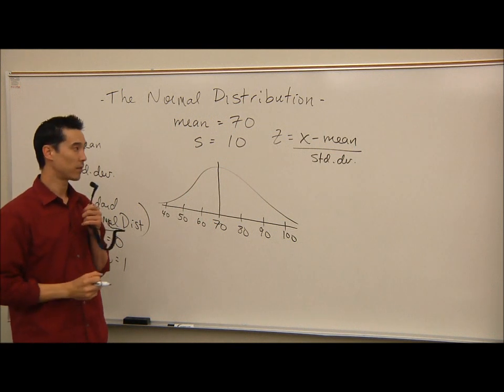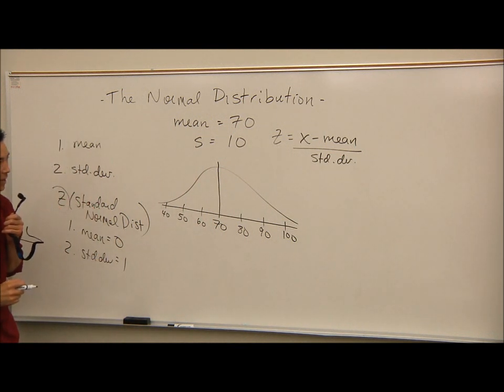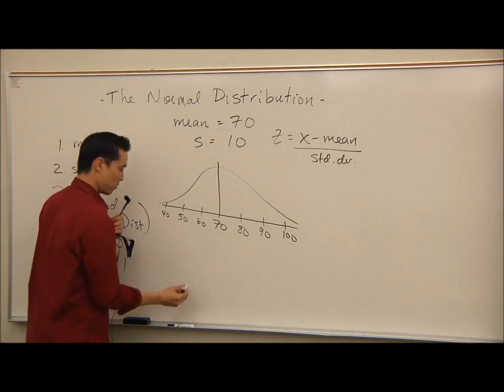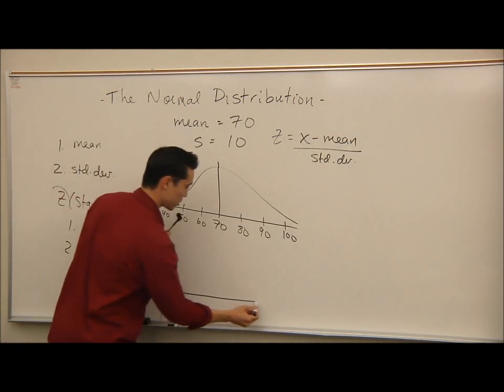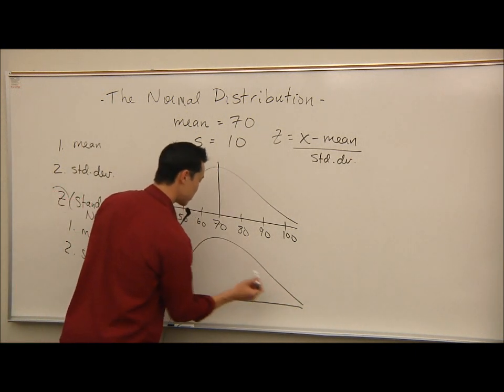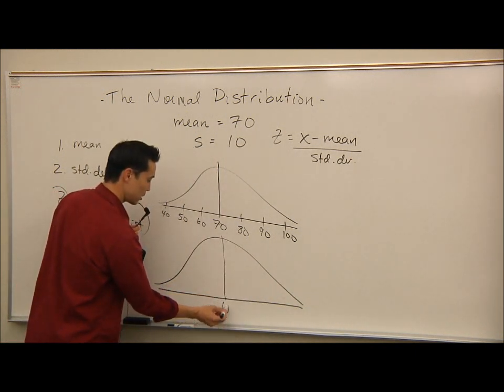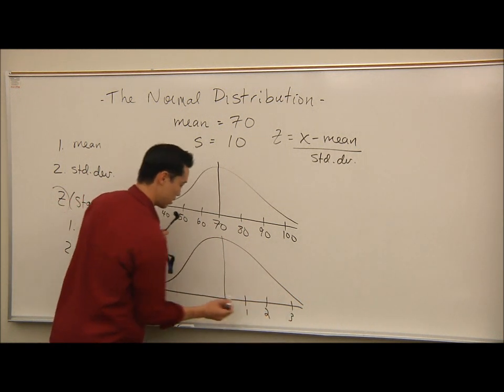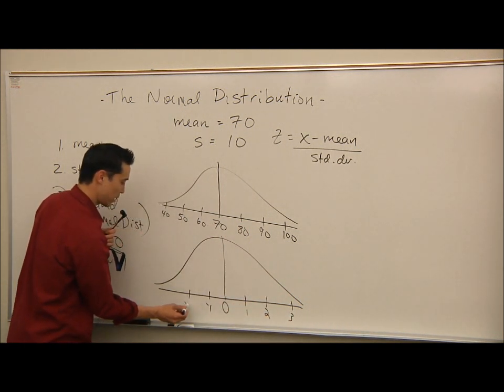Or x minus x bar over s. Great. Okay? So if this formula really works, then if I draw my standard normal distribution right underneath it, what do we say the mean of the standard normal distribution is? 0, and then it should go 1, 2, 3, right? -1, -2, -3.